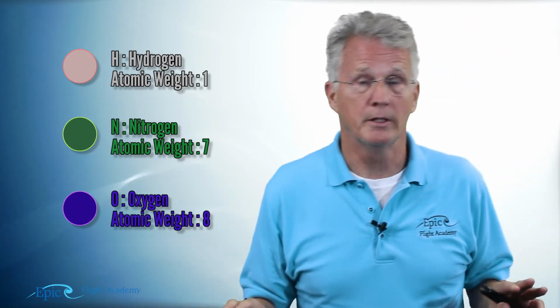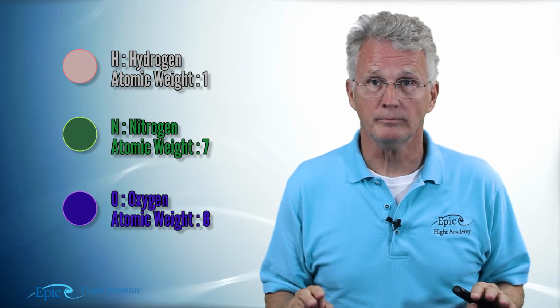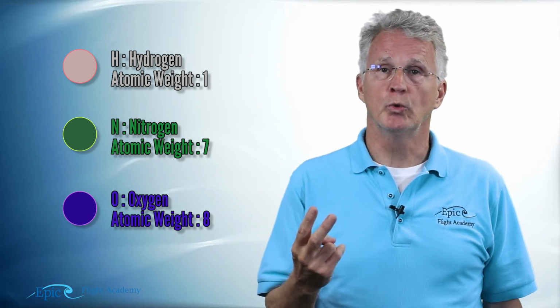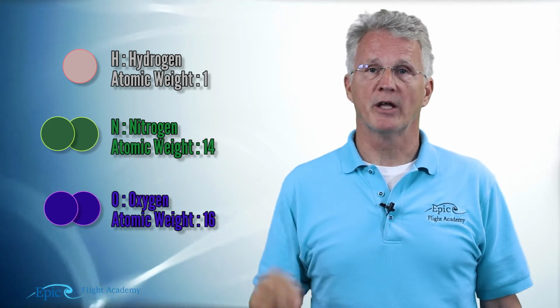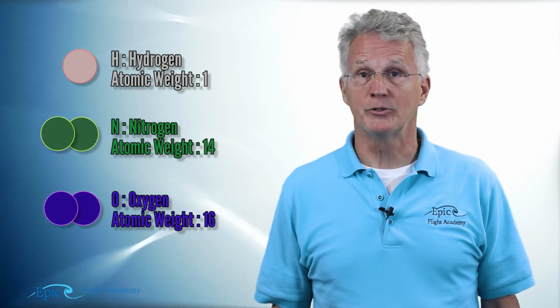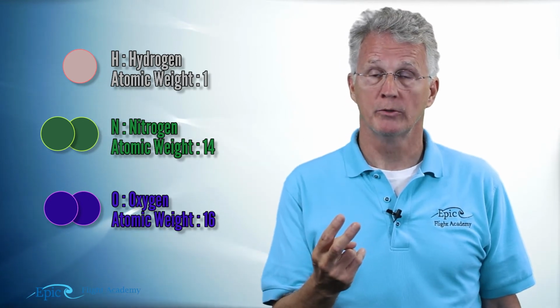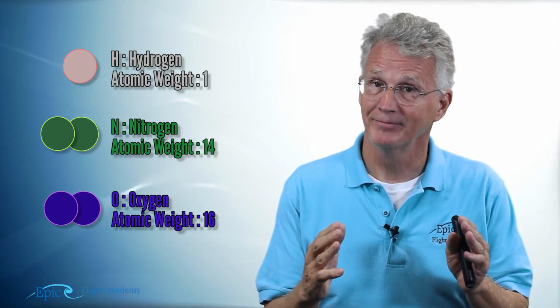That's all we really need to remember from chemistry. Nitrogen is N2, so that's 2 nitrogens, so that's 7 plus 7, that's 14. Oxygen is 2 O's, so that's 8 plus 8, that's 16.